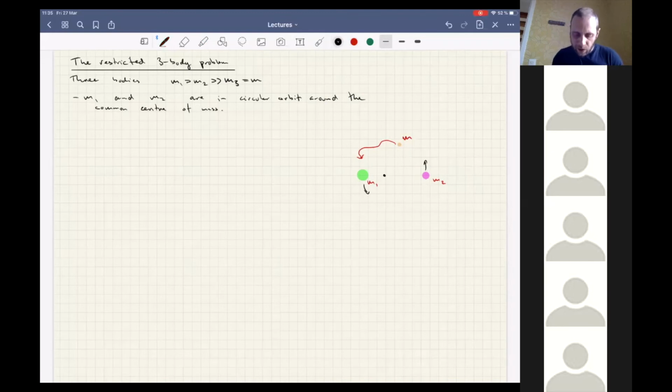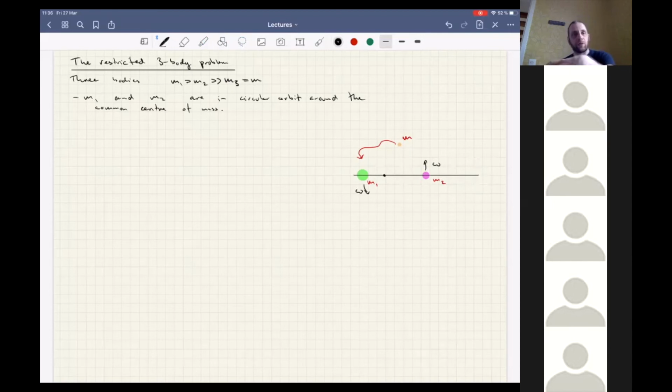Okay, so in order to do this, I'm going to look at the rotating coordinate frame. That means I'm going to take a coordinate system such that these two bodies rotate around the common center of mass with some angular frequency omega.